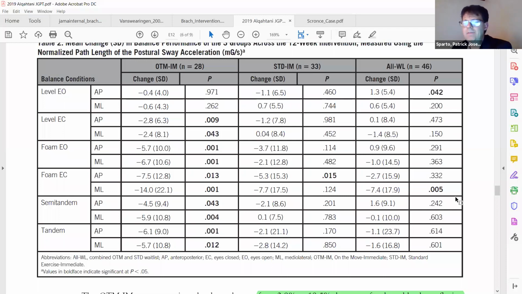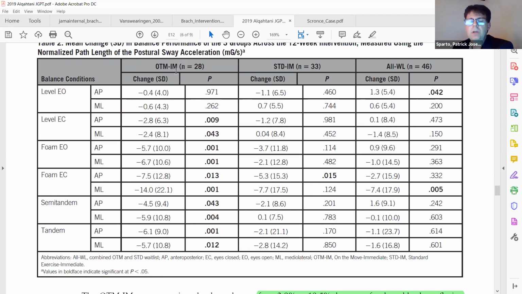I really wouldn't give that one too much clinical significance. And then there was a reduction in sway in the medial lateral direction for foam eyes closed.